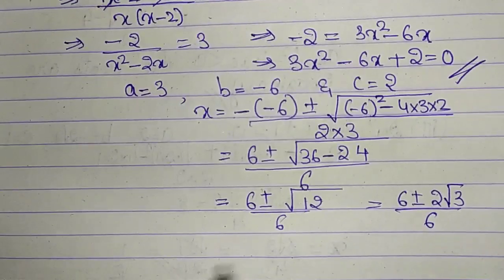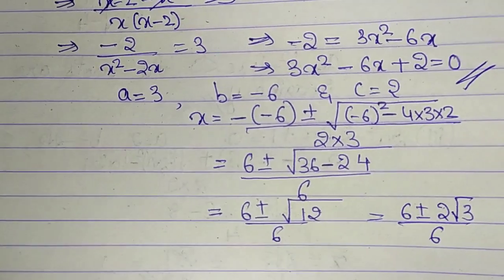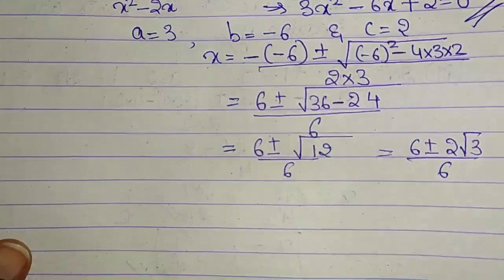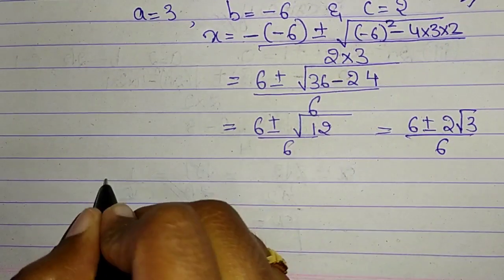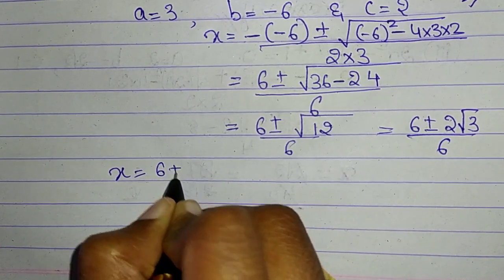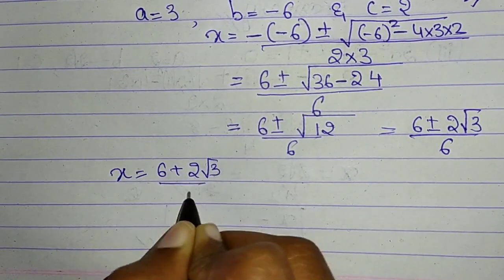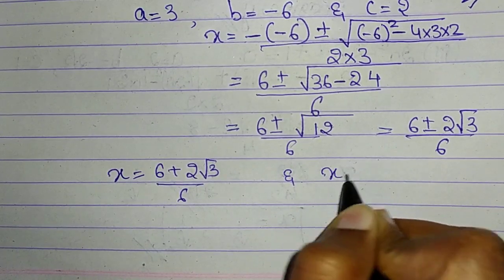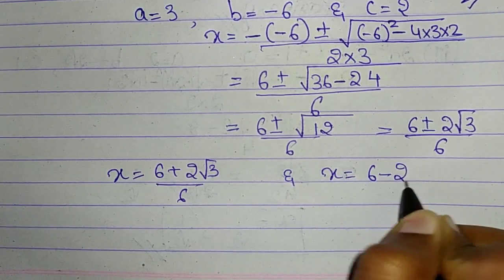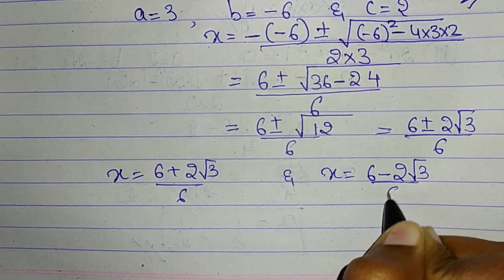So our required x values now will take up the form x is equal to 6 plus 2 root 3 by 6 and x is equal to 6 minus 2 root 3 by 6.